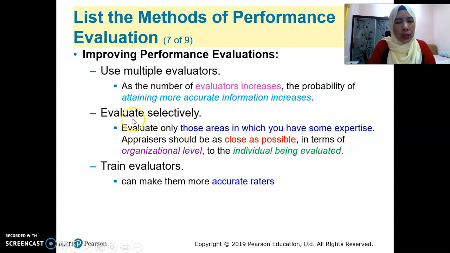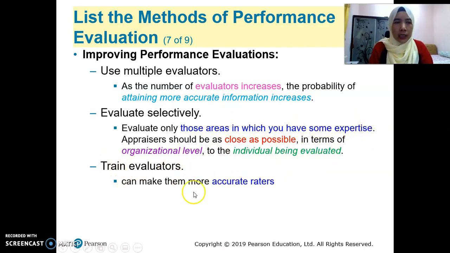So it is important to evaluate the employees selectively based on the expertise of the evaluators. Appraisers or evaluators should be as close as possible in terms of organizational levels to the individual being evaluated. This basically explains that the evaluators must be someone from the organization who knows the person and also has expertise in the area.